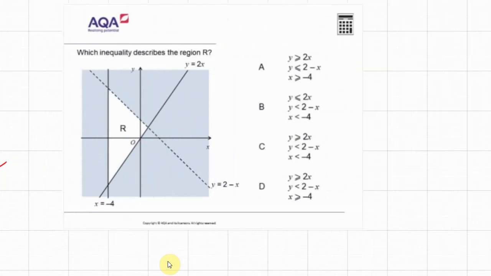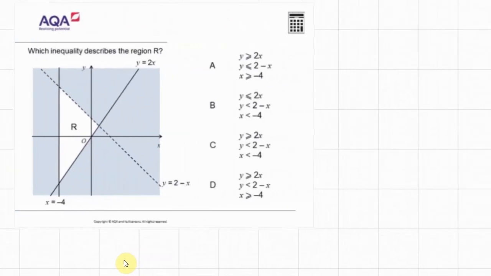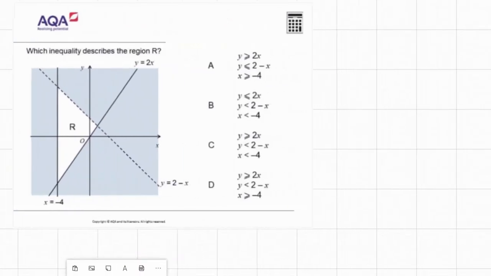Okay, on to the final question. Which inequality describes the region R? So, similar stuff. They've just changed the lines a little bit. Because this is a dotted line down here, we're expecting that or that.